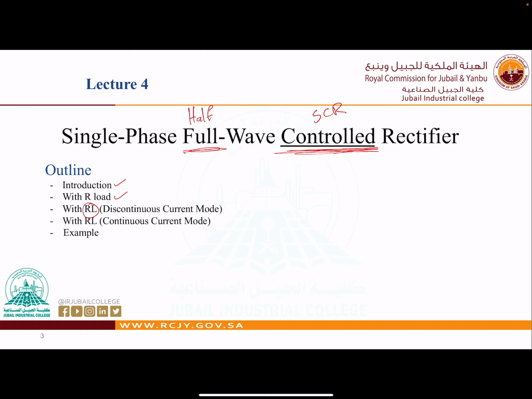We will see the discontinuous current mode, and then inshallah the continuous current mode. We will see the difference between them in the waveform and the output voltage. After that we will take an example inshallah.